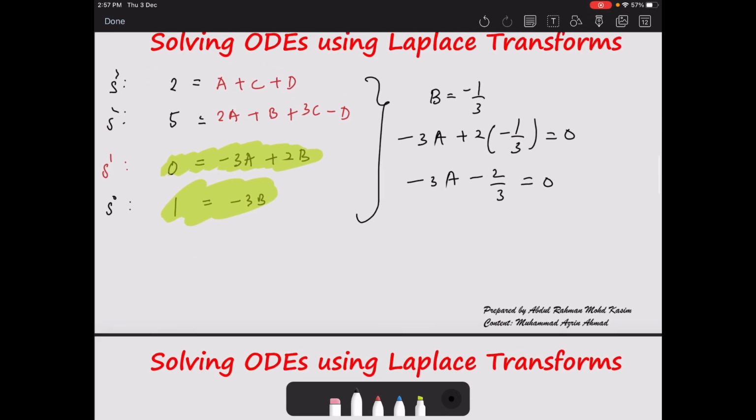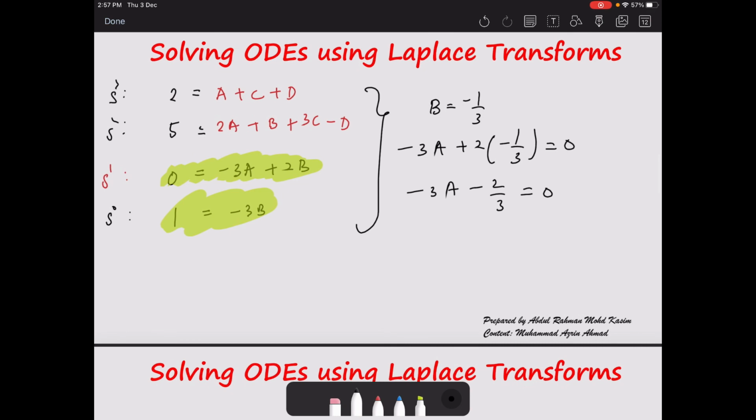And then negative 3A equal to 2 over 3. And then your A is negative 2 over 9.